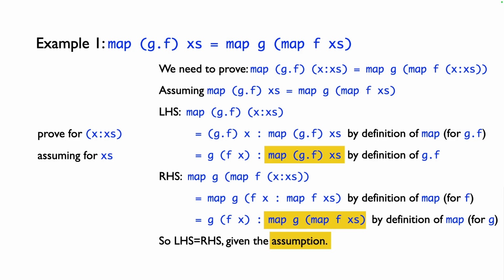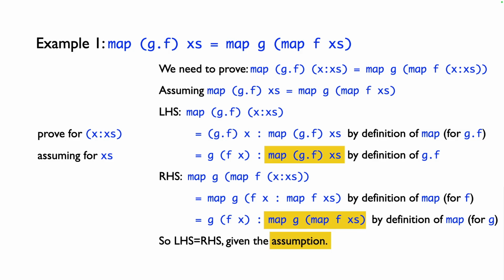And that's precisely what allows us to say that the left-hand side and the right-hand side are equal, because we're assuming that equality between those two versions of maps applied to the list xs.